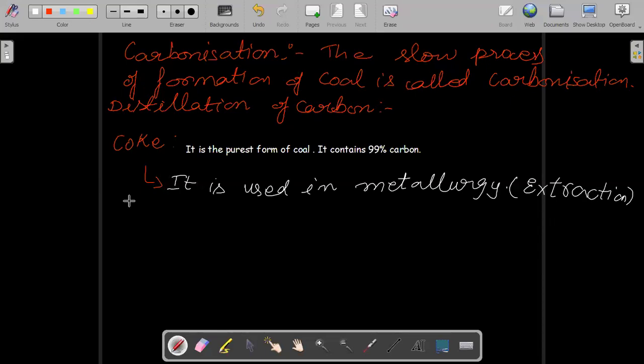Coke is used in all the metallurgical processes for separating the metal from its oxides. Let us see how we obtain coke.